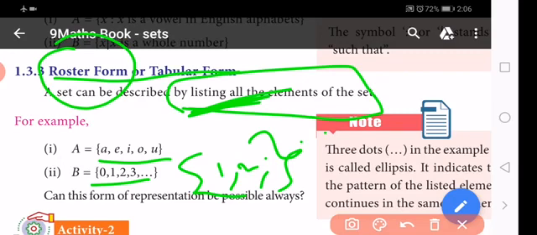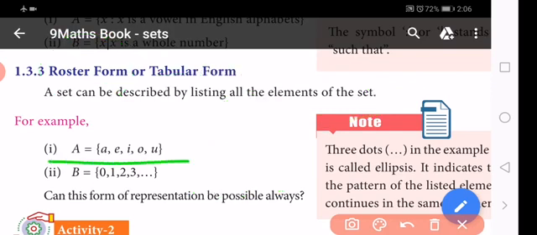The set of all vowels in the English alphabet is a descriptive form. We write this in standard roster form, that is A equals {A, E, I, O, U} within curly brackets. And second, the set of all whole numbers, B equals, within set notation we write the whole numbers one by one separated by commas, that means 0, 1, 2, 3, etc. After 3 we use three dots. Three dots is called an ellipsis.